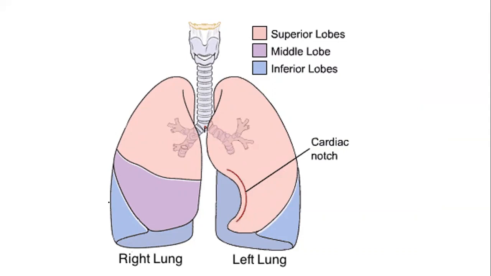Please do not keep the number of lobes and fissures as the primary point in identification. Please do not say this is the right lung because I'm able to see 3 lobes and 2 fissures. No, these are not consistent observations, right? This is the first thing my anatomy HOD told me when I was in first year. So please do not go with the number of lobes and fissures as the primary identification point. That's why I included this in the very beginning, right?